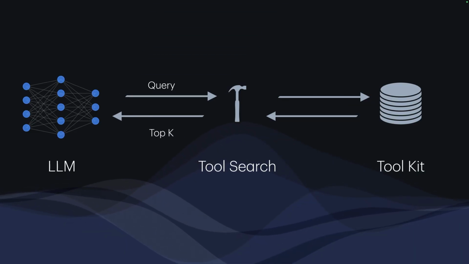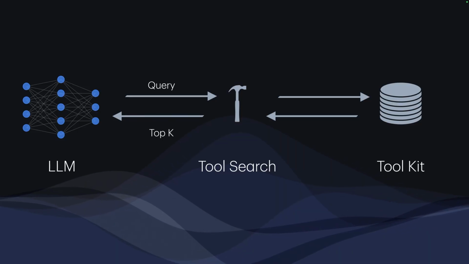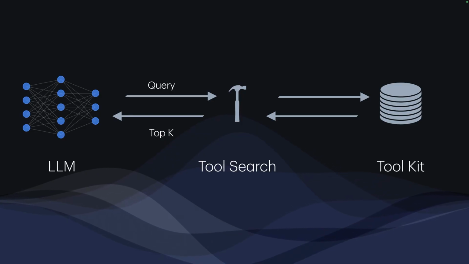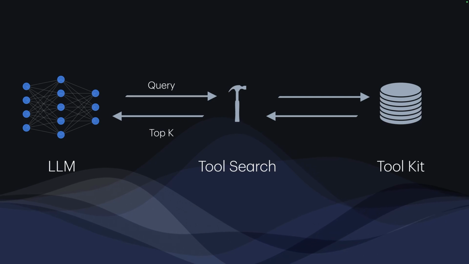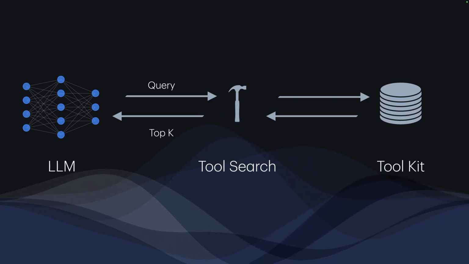This way, the LLM is not even aware that other tools exist, but it knows that it can query for them if need be. And this, my friends, is how tool search tool goes about reducing the number of tokens that the LLM consumes even before it gives you an answer.